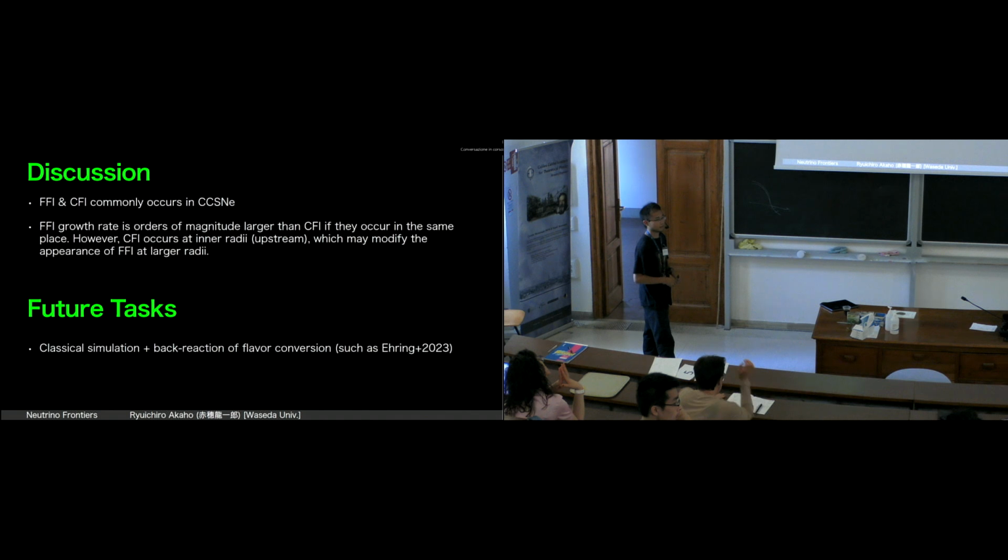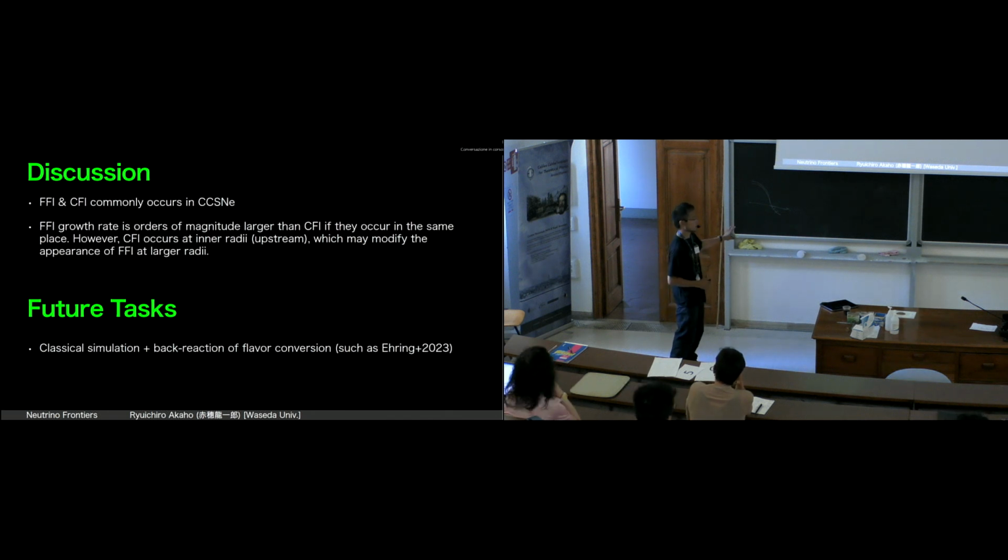Okay. But when you want to calculate the back reaction on the hydrodynamics, you have to do it dynamically. So you have to treat it with the connection to the hydrodynamic simulation. Is it feasible with a Boltzmann solver? Since we can detect the existence of flavor instability, and if we know how to impose the asymptotic states, we can do it, I think.